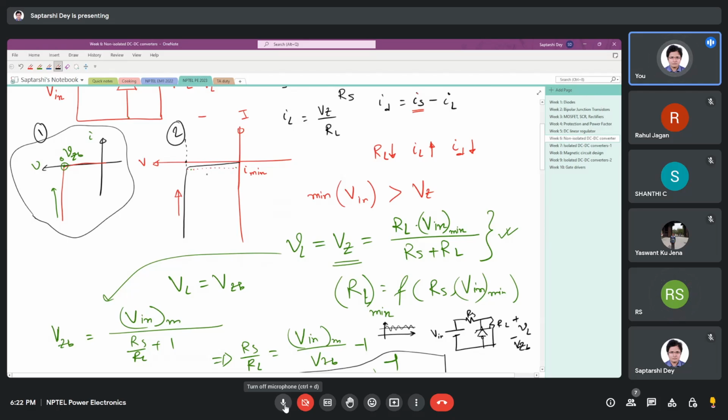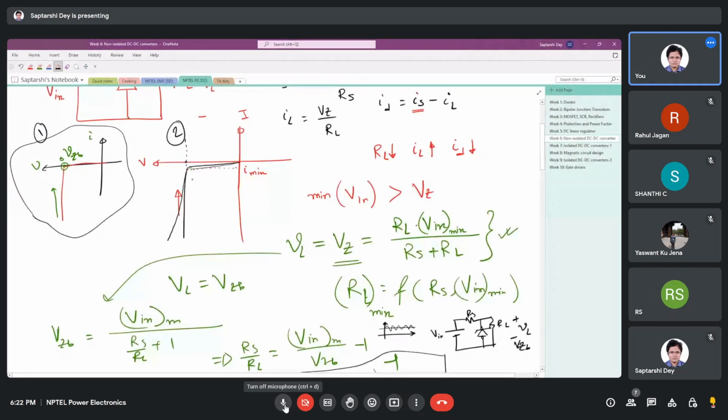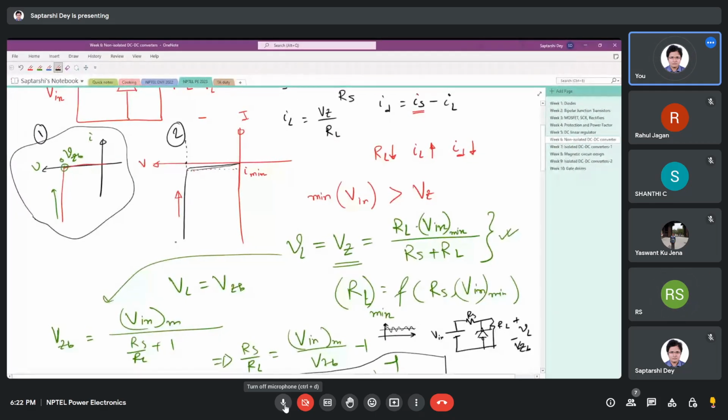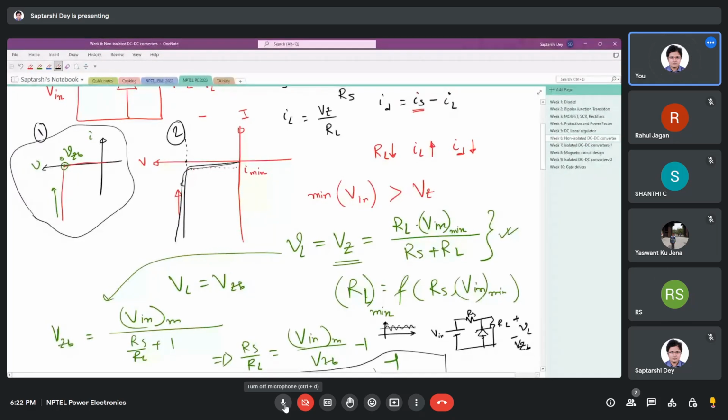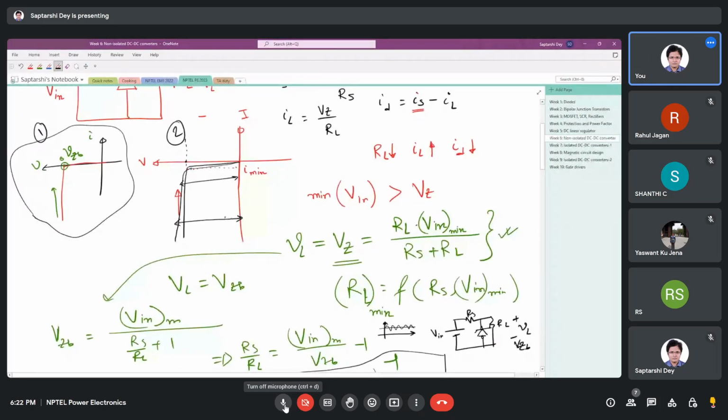If you want to use the real characteristic, which actually looks like this, it not only comes out like this but also goes out like this. Then you have to first fix a range where you want to operate. How will the range be decided?